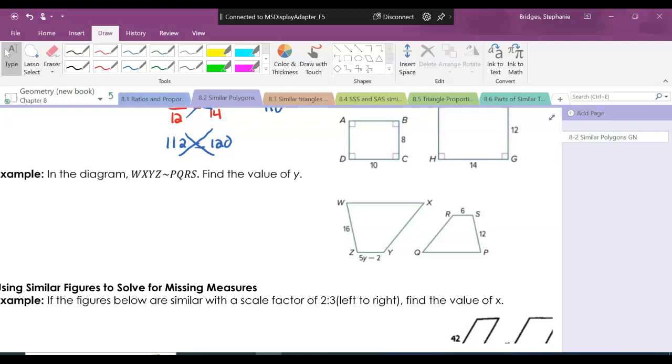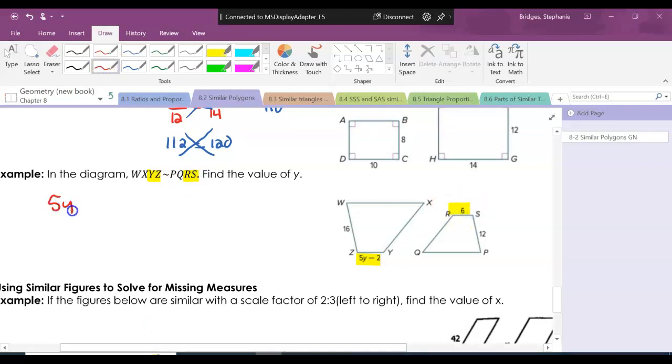And then we are going to solve for Y. So let's start with where Y is. Y is right here, 5Y minus 2. What is the name of that segment? What 2 letters are at the end? ZY, okay. So what is in the same position as ZY but in the other figure? RS. So we're going to write our fraction with those 2 side lengths.